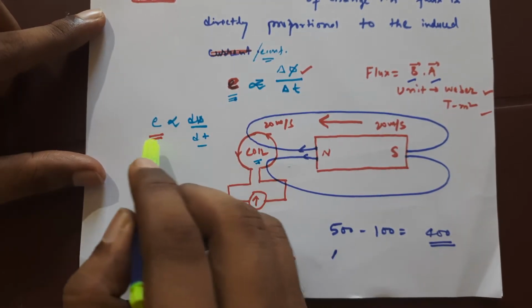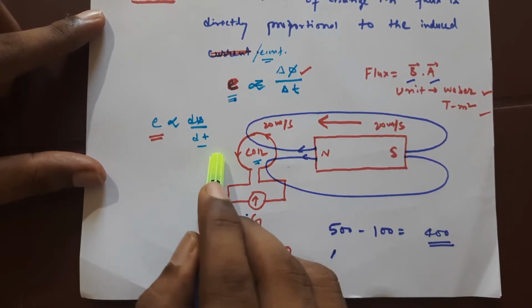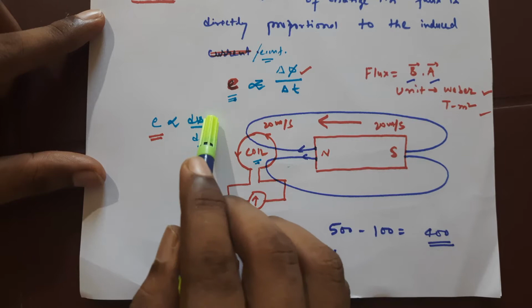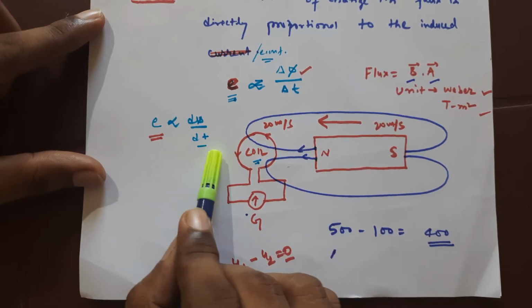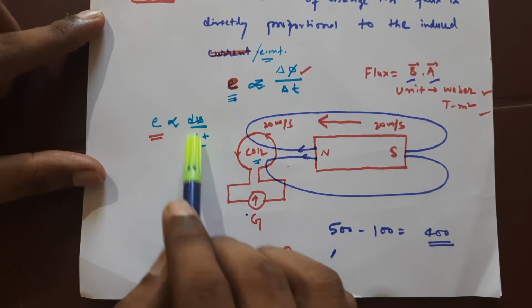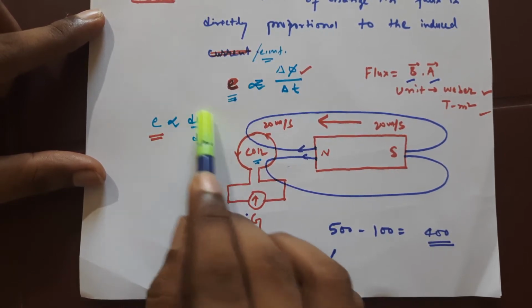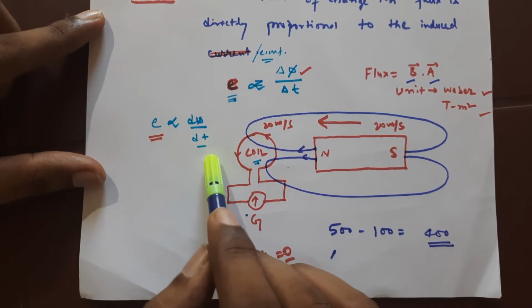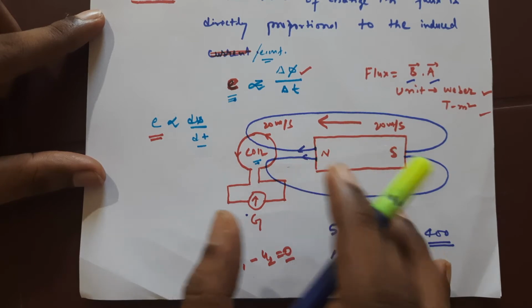It says that the induced EMF is proportional to the rate of change of flux with respect to time. That is, if the change is d phi and the change takes place in a time interval dt, then d phi by dt is called the rate of change of flux, and the EMF will be proportional to d phi by dt. So these are the first law and second law of Faraday.